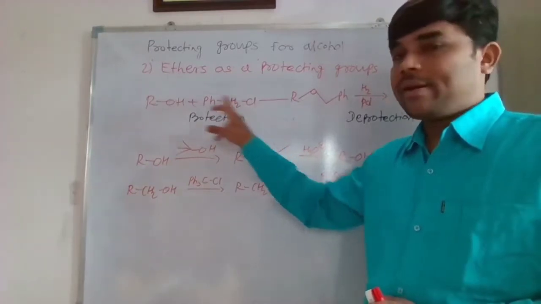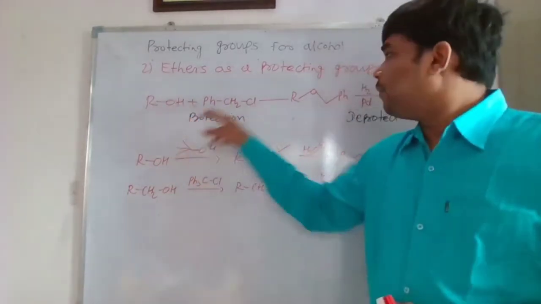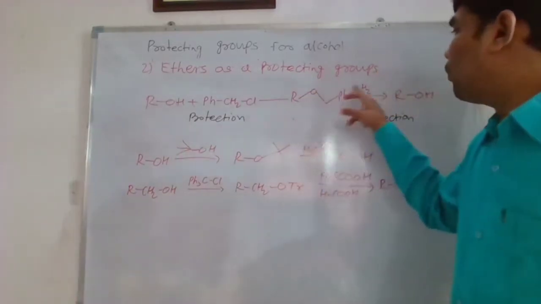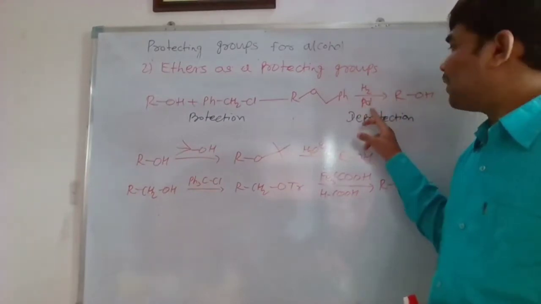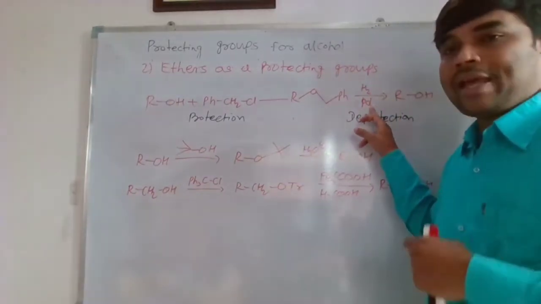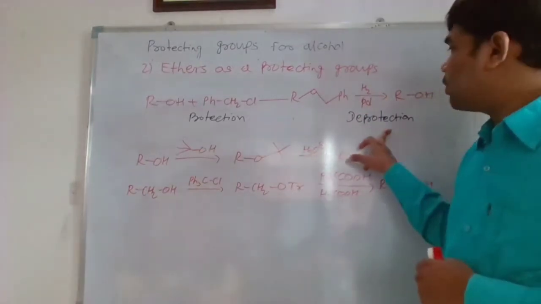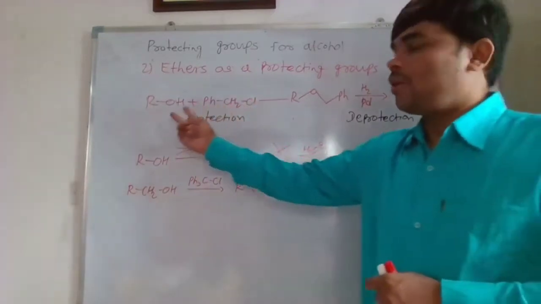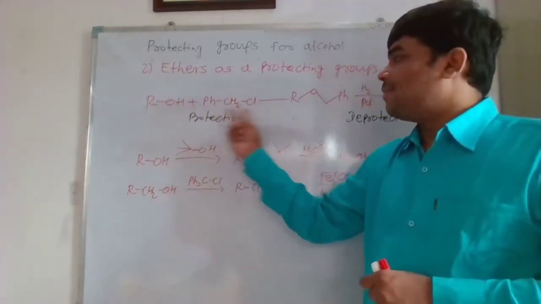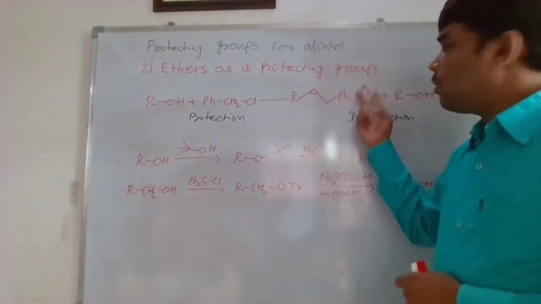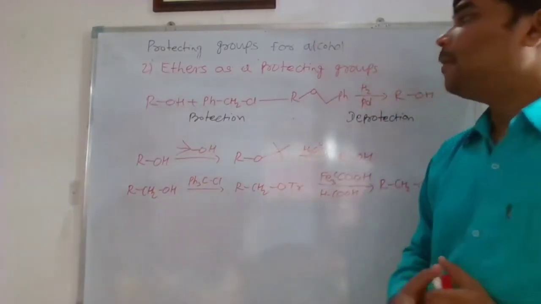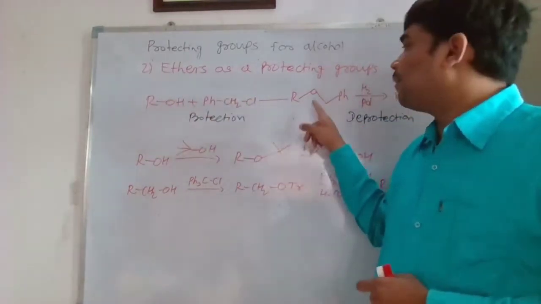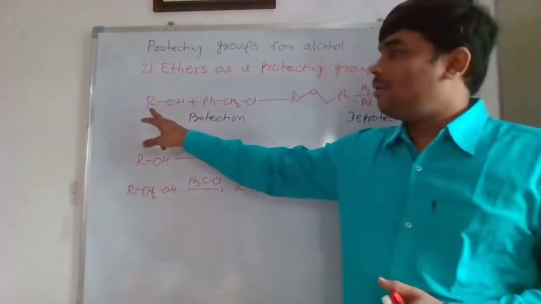When benzyl chloride reacts with this alcohol, it forms such an ether derivative, and when this ether derivative reacts with H2 with catalytic hydrogenation like Pd, as a deprotecting method, it again gives the alcohol. So for protection of alcohol we use benzyl chloride, and for deprotection we use catalytic hydrogenation. By this way we can convert alcohol into ethers and again deprotect to get alcohol.